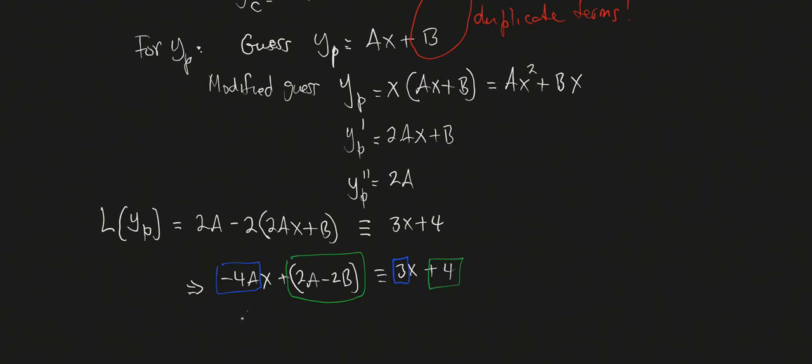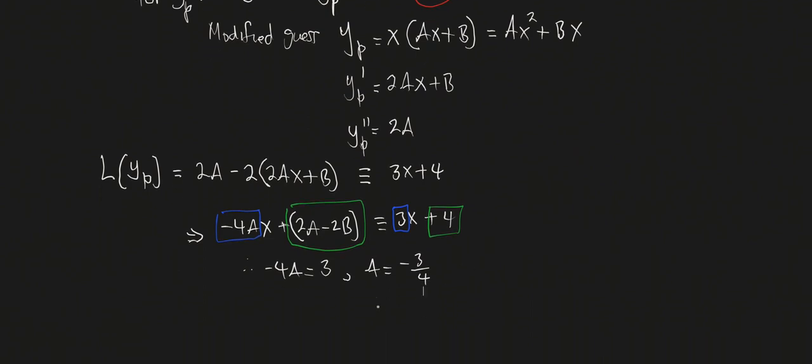All right, so therefore negative 4a is equal to 3, so a is negative 3/4. And the other equation, 2a minus 2b, has to be equal to 4. So if I plug negative 3/4 in here, I'll have negative 3/2 minus 2b is equal to 4.